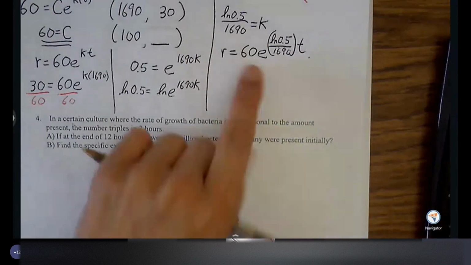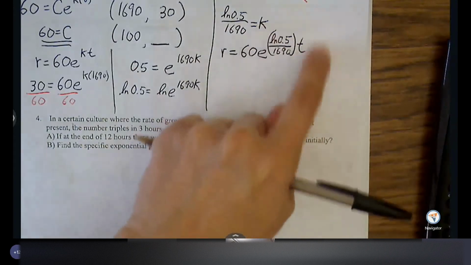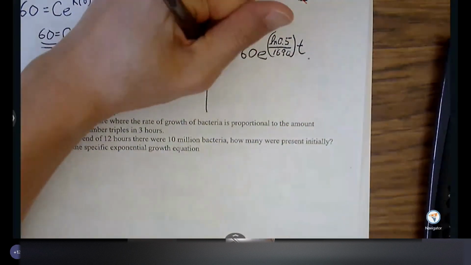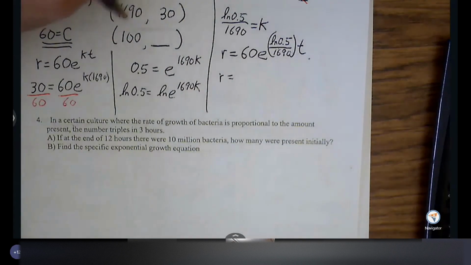Okay, so we're ready, right? 100 goes in for T, and whatever this mess gives us is going to be the amount of radium 100 years from now. Okay, we're probably expecting this to be a pretty large value, right? Since it's going to take over 1,000 years to get to 30, so probably be a lot closer to 60 than it will be to 30.